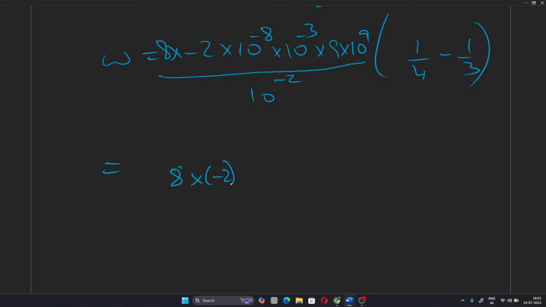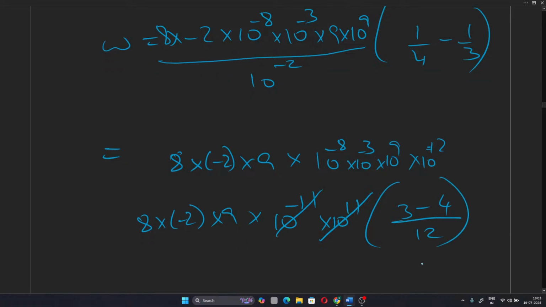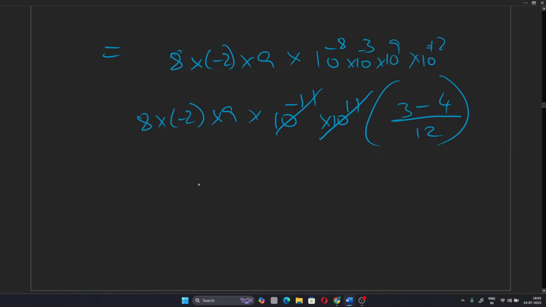8 into minus 2 into 9 into 10 power minus 8 times 10 power 9 into 10 power minus 3 into 10 power plus 2, which is 8 into minus 2 into 9 into 10 power minus 11 into 10 power plus 11, by 3 minus 4 by 12, which is minus 8 into 2 into 9 into minus 1 by 12.